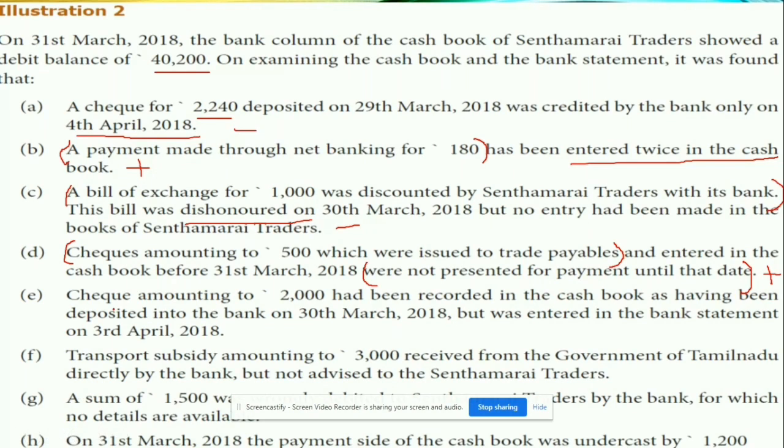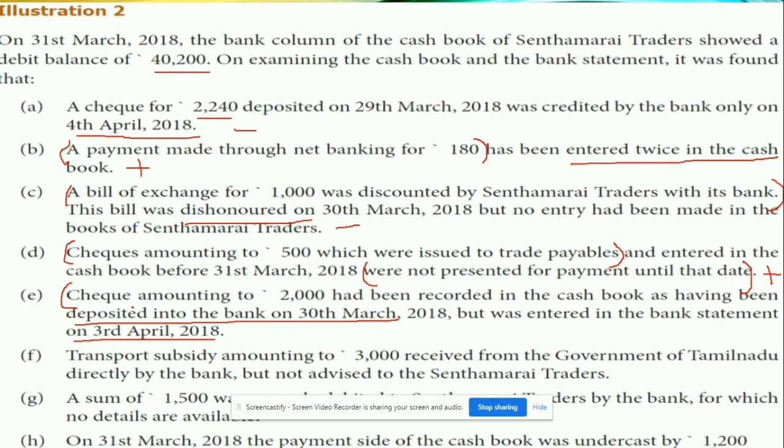And next one, checks amounting to rupees 2,000 had been recorded in the cash book, having been deposited in bank on 31st March, but they got the money on 3rd April.